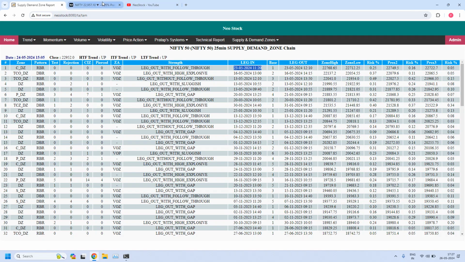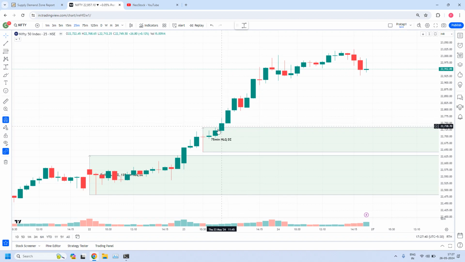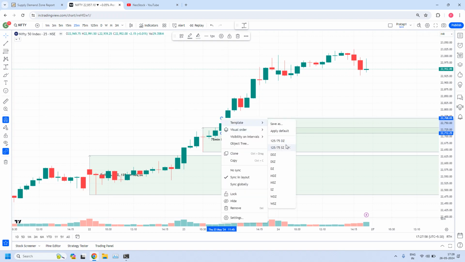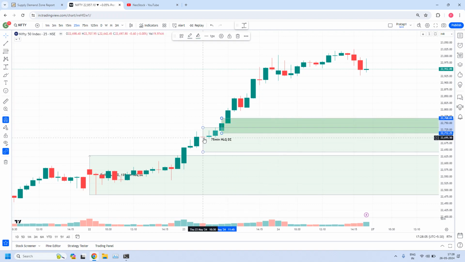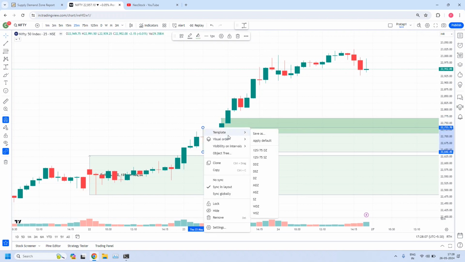Twenty-third 5, 1120. So here we have a zone confluence. This is considered as a lagging candle, base candle, rally candle. This is also 75 minutes.